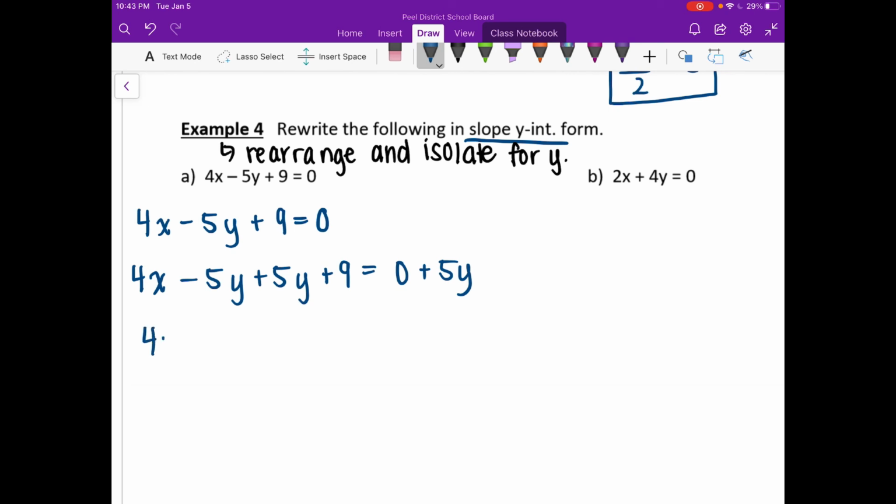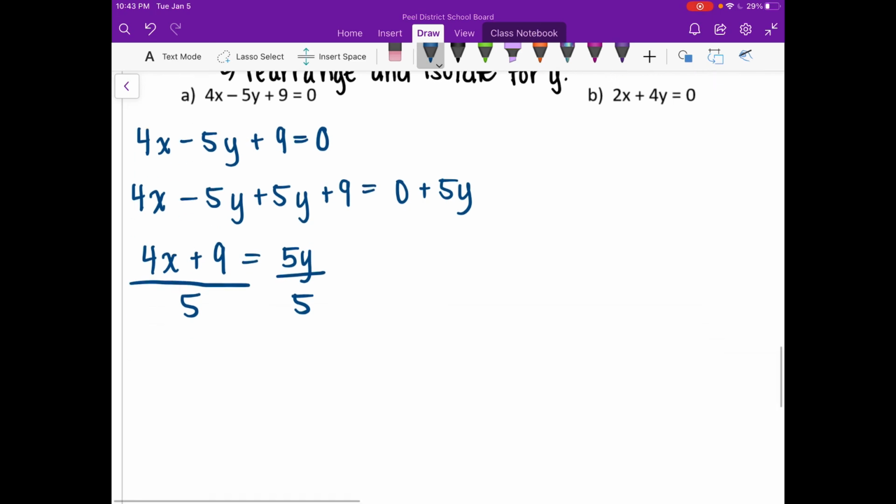So I'm left with 4x plus 9 equals positive 5y, right? Now I want to get rid of the 5 over here, so I'm going to divide everything by 5, right? So we can rewrite this as 4x over 5 plus 9 over 5 equals y.